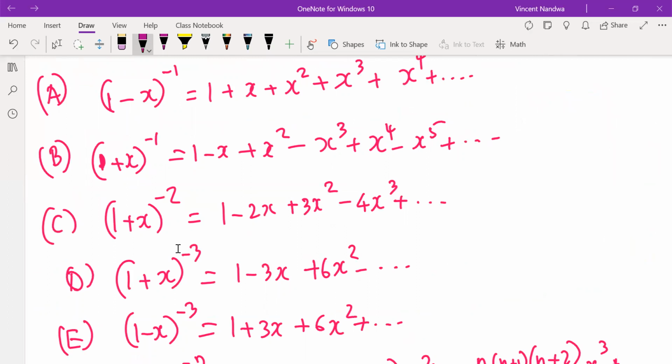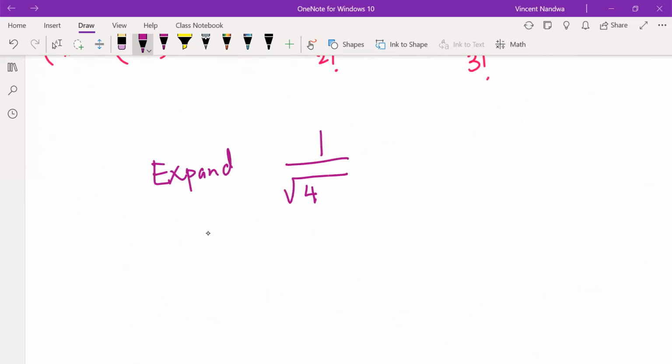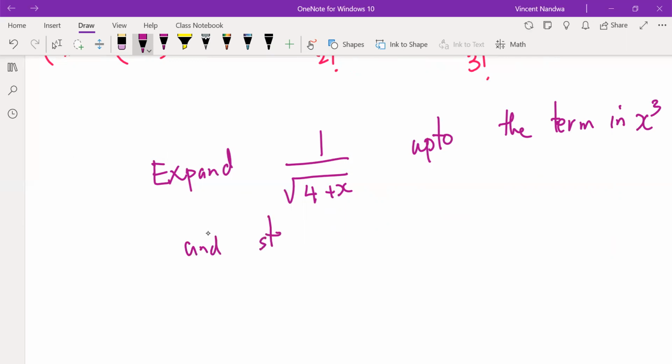The question is: expand 1 over the square root of 4 plus x up to the term in x power 3 and state the interval where the expansion is valid.